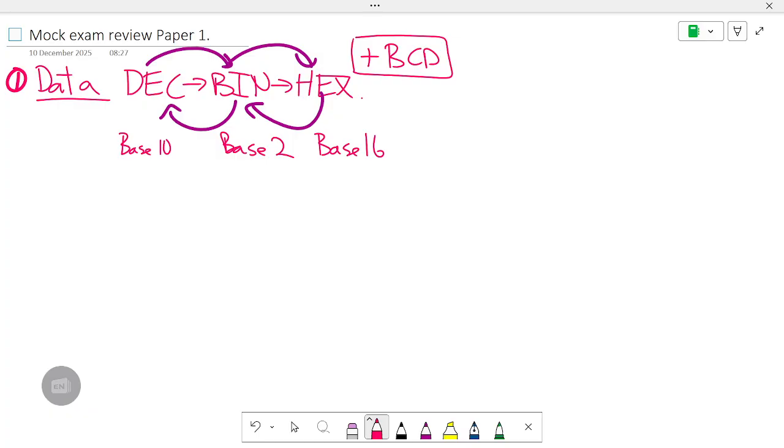In decimal, the numbers are 0 to 9. Binary can only be a 1 or a 0. And hexadecimal is 0 to 9, and then it goes A, B, C, D, E, F. I like to write this out because sometimes I forget which letter is which number.